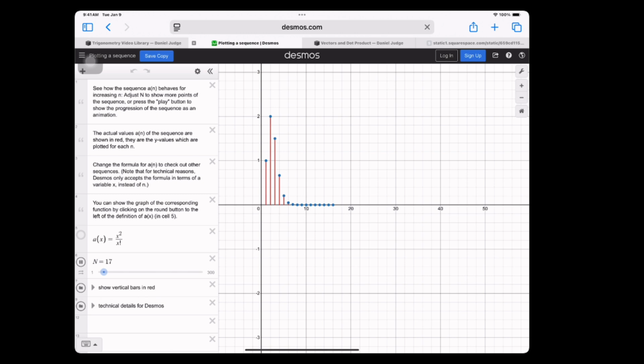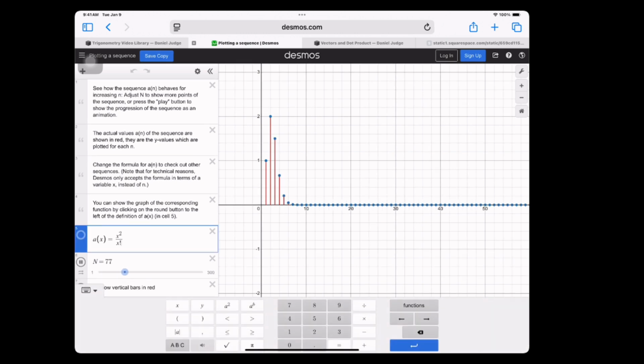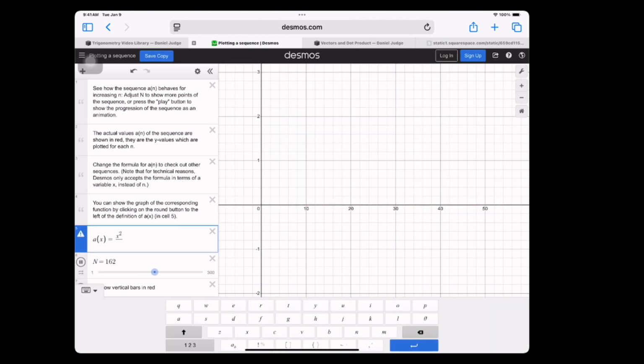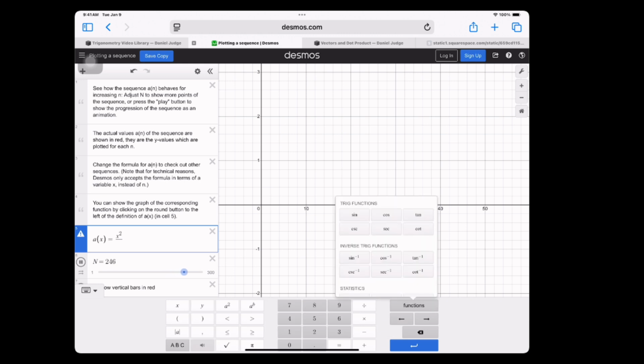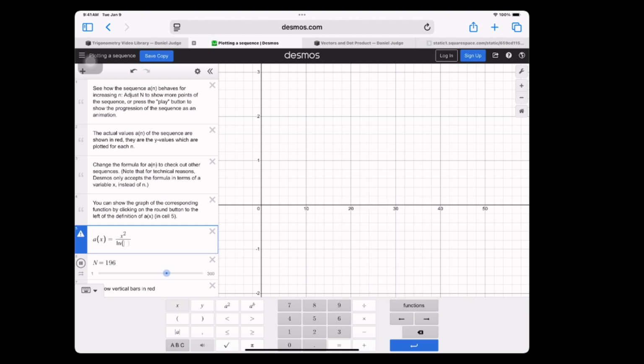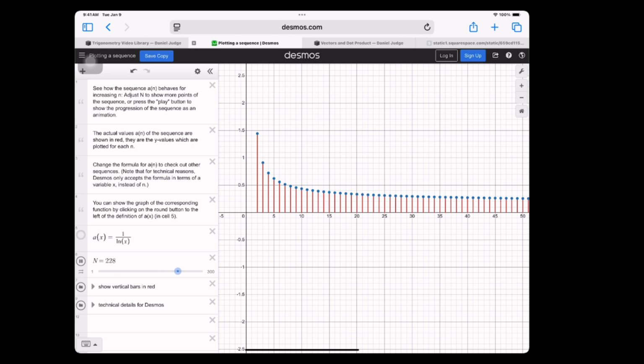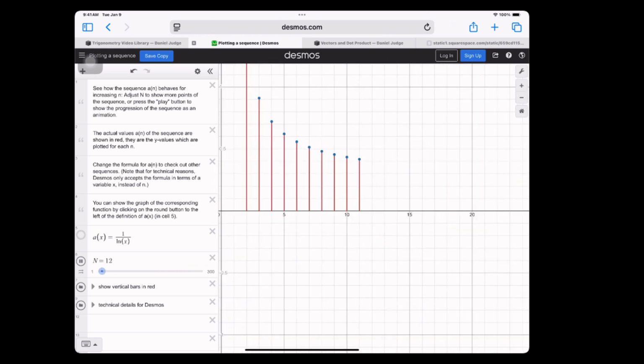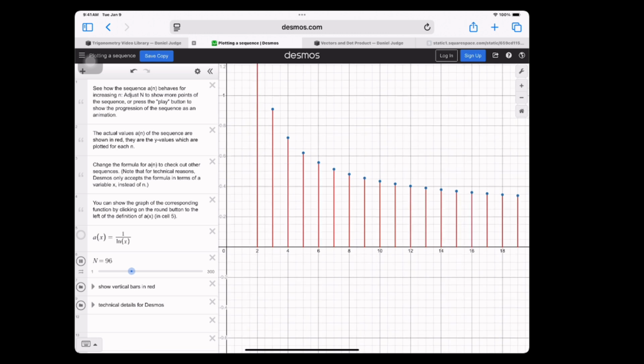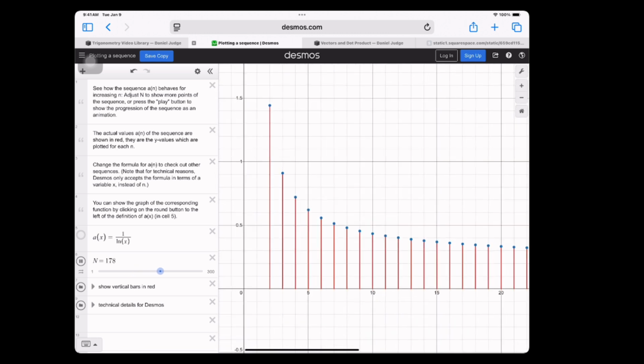So hopefully Desmos is still here. Natural log. What do you guys notice about this particular series? Starting at what number? Do you guys see starting at 2? Starting at 2, what's happening?